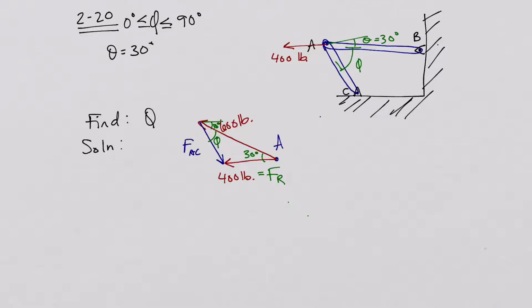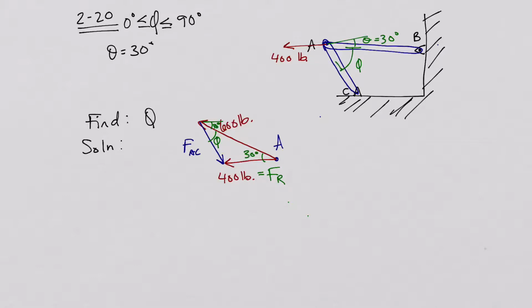We know the 400-pound force, the 600-pound force. We don't know F of AC, and we don't know phi. So we basically have a triangle that we're dealing with here. This is somewhere where the law of sines and cosines is helpful for us. If you remember, with the law of cosines we could figure out what that F of AC is.